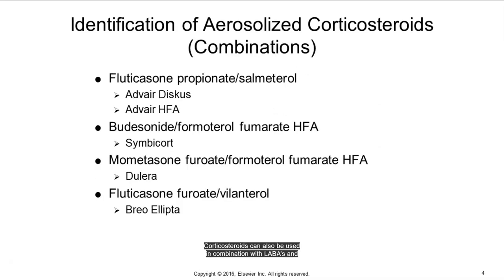Corticosteroids can also be used in combination with LABAs and include fluticasone and salmeterol, which is Advair, budesonide and formoterol, which is Symbicort, mometasone and formoterol, Dulera, and lastly, fluticasone and vilanterol, which is Breo Ellipta.